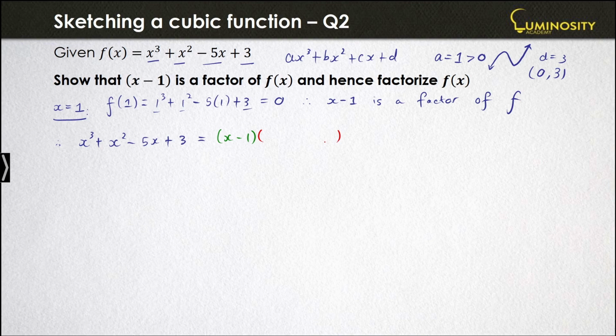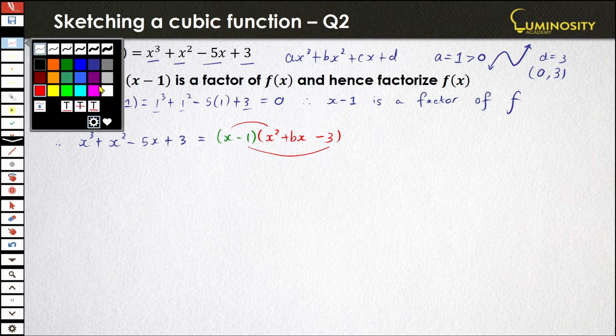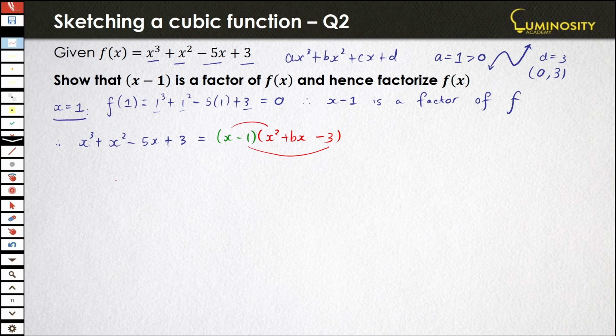To get an x cubed, I need an x squared here, so when I expand those out, I get x cubed. And to get a constant of positive 3, I'm going to need a negative 3 here, so when the constants multiply out, I get positive 3. So I just need a plus bx term here. Again, I can use logical inspection, or I can do polynomial long division and get the same quadratic expression coming out. So I'm just going to analyze the x squared terms.